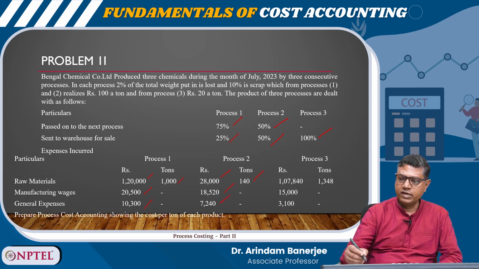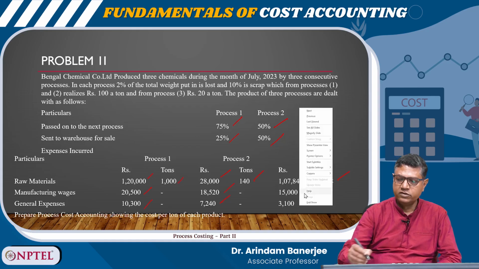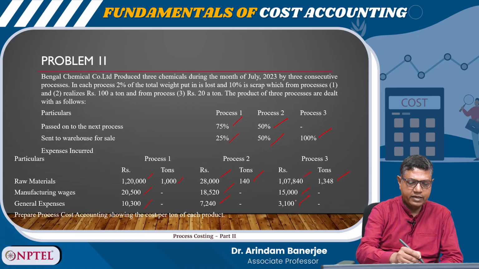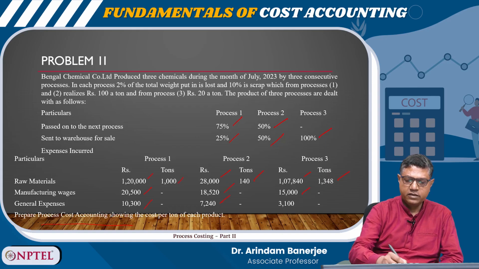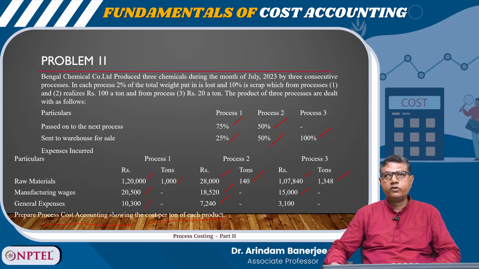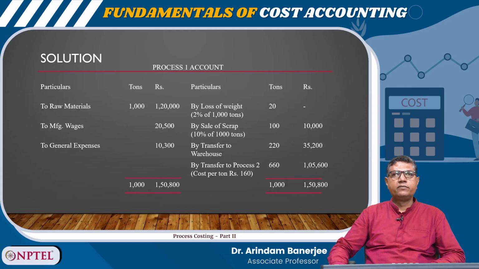Process 3: raw material 107,840, tons 1,348, manufacturing wages 15,000, general expenses 3,100. So, you need to prepare the process cost account showing the cost per ton of each product.